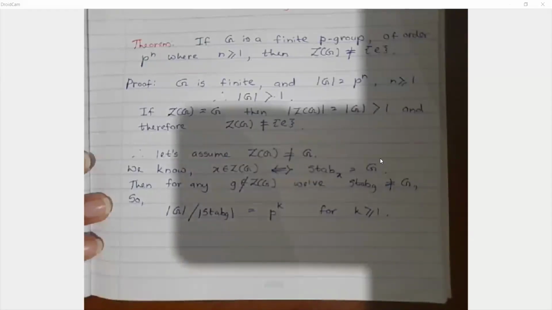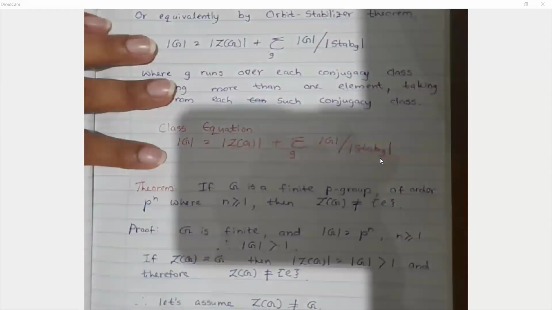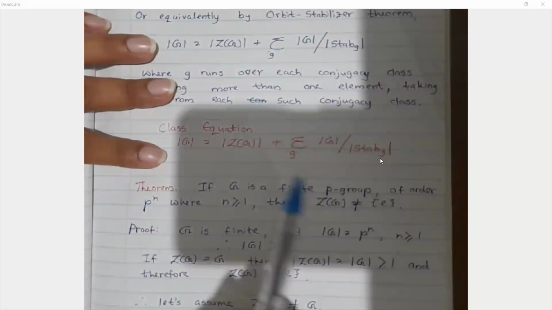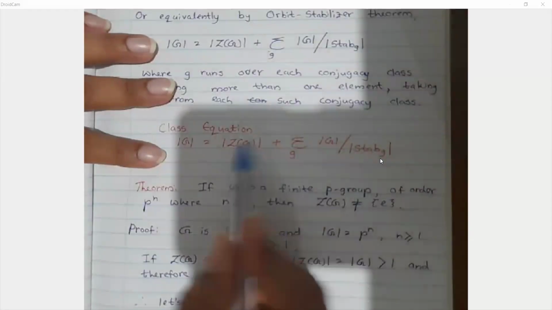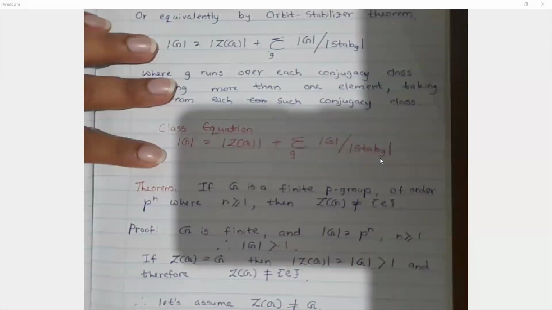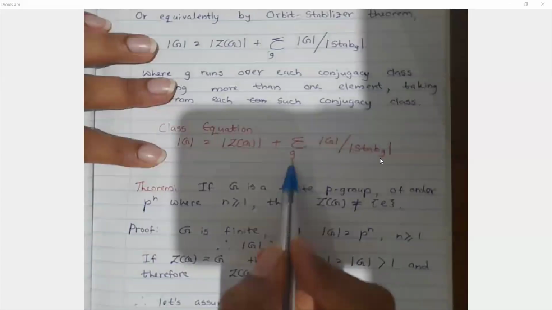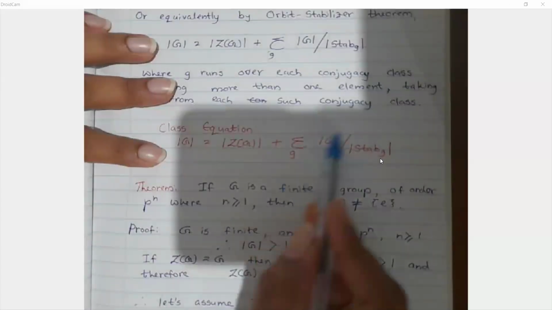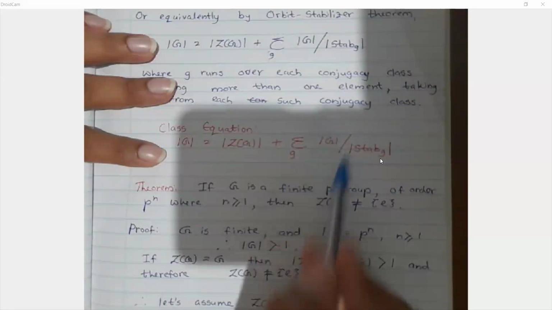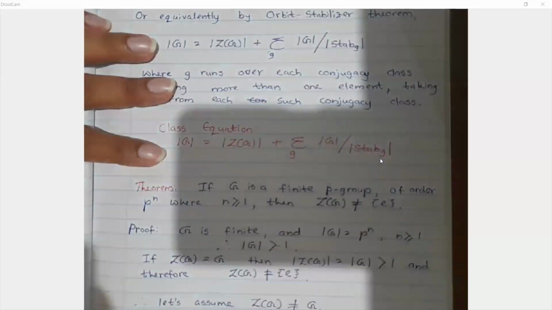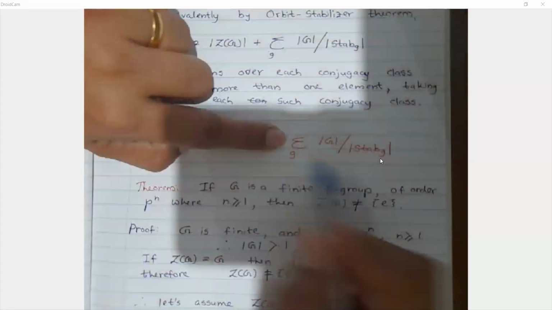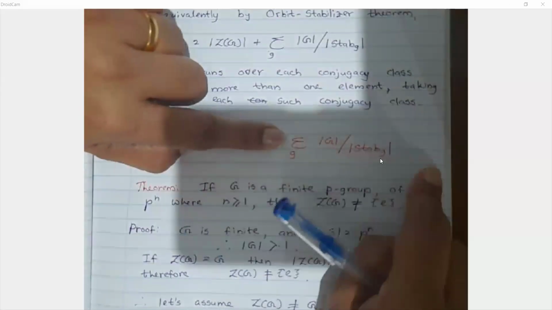So if you go back to the class equation above, we see that this g is taken outside of the center, right? So for each g that you take from outside the center, the term that you see over here, order of G divided by the order of the corresponding stabilizer, must be divisible by p. So in the class equation, in this summation, each term is divisible by p, right?